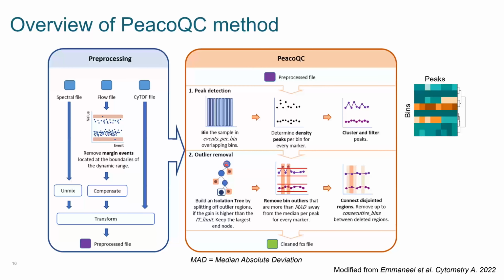Building an isolation tree, we remove outliers, right, based on this information. When we have the end node, we then use the MAD statistic to go through each channel, right, so each parameter, and look for deviations from the median. We remove those bins, stitch together the remaining. Okay? And then you have your cleaned FCS file to continue with downstream analysis.